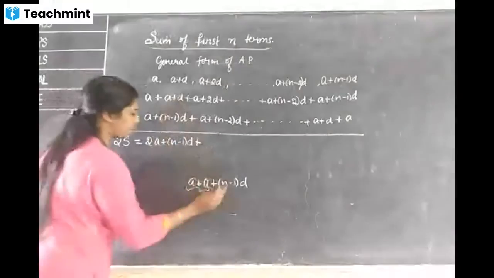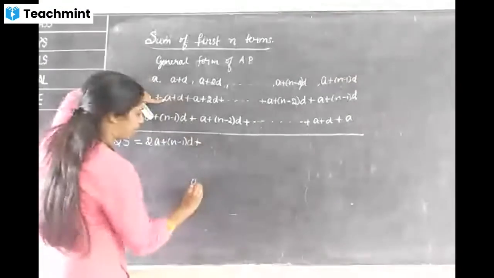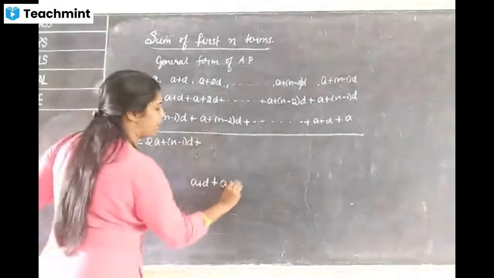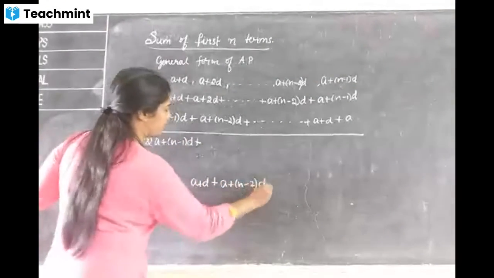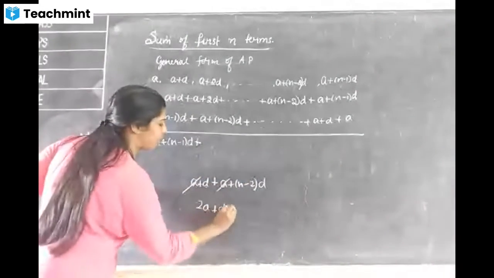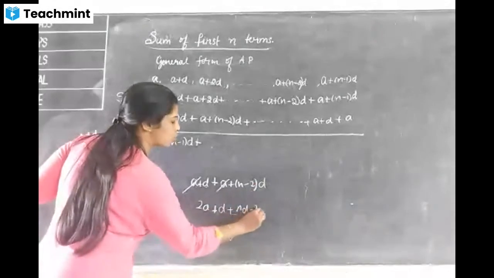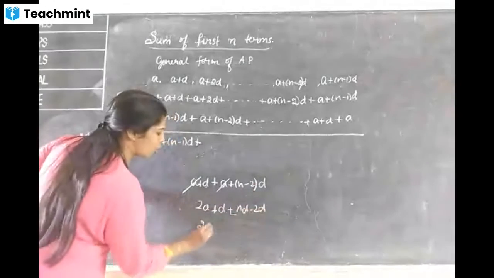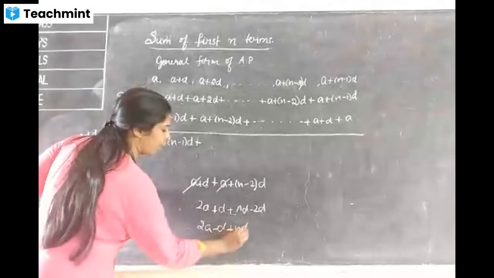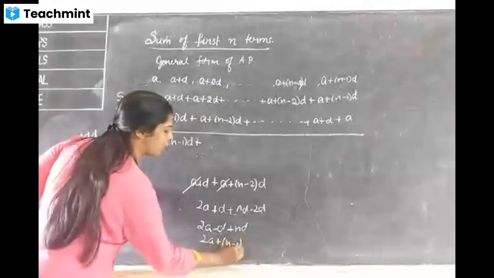Next, a plus d plus a plus n minus 2 into d. So 2a, and opening the brackets, nd minus 2d plus d gives 2a plus nd minus d. Again taking common, I will get 2a plus n minus 1 into d.